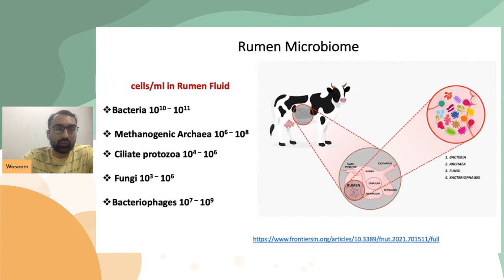In just 1 ml of rumen fluid, we can find billions of bacteria and millions of all the other different microbes. To give you a perspective, one cow's rumen can hold up to 25 to 28 gallons. So that's their whole capacity, and in 1 ml we find all of these large numbers of different microbes.